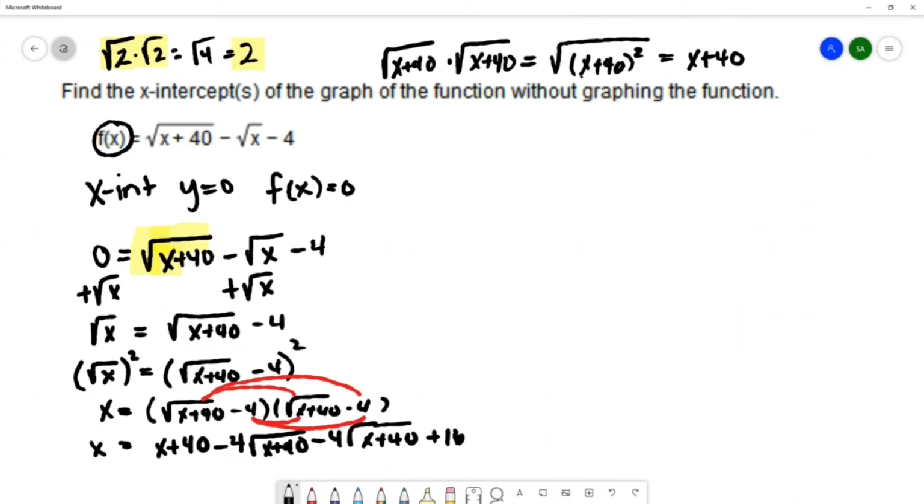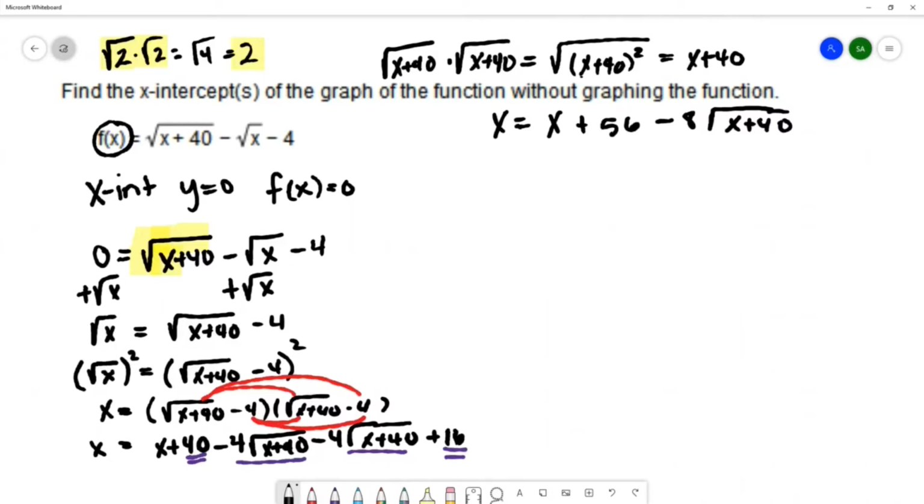And I still have x on the other side. I'm going to do a little bit of simplifying on the right-hand side. I can combine these radicals together, and I can also combine these constants together. So that gives me the equation x equals x plus 56, since 40 plus 16 is 56, minus 8 square root of x plus 40.